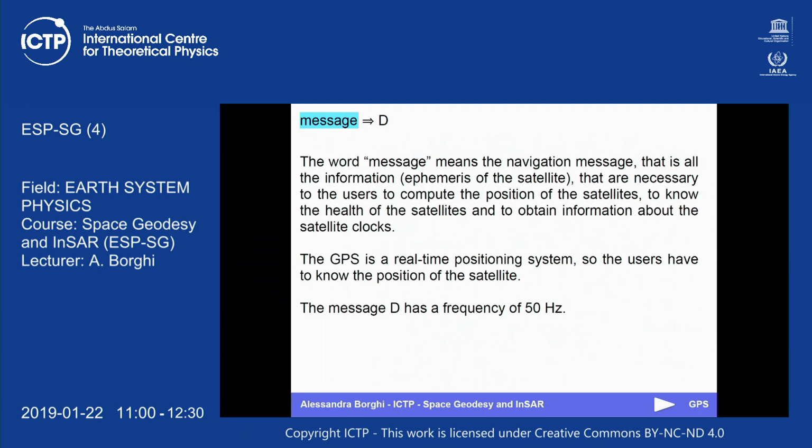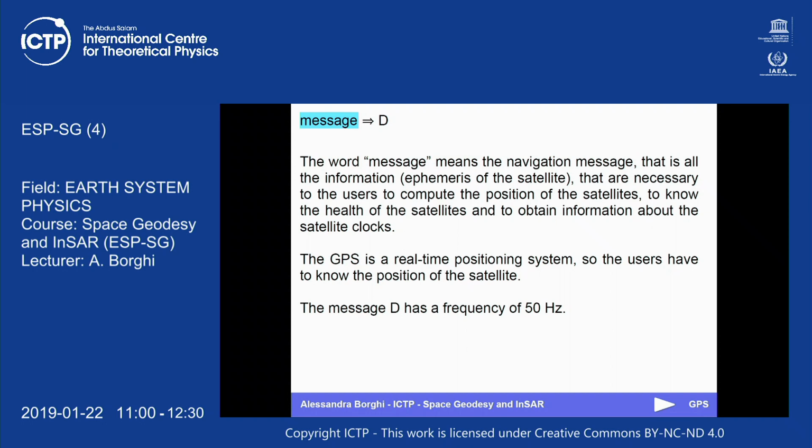We have also another code called message, and the message is important because in the message there is the information about the ephemerides, the position of the satellites. They are computed by the control segment, sent to the satellite, and the satellite, using the message D, sends this information to the user.